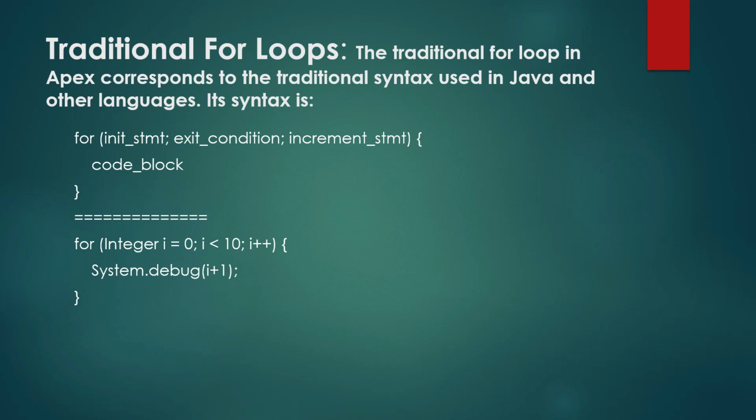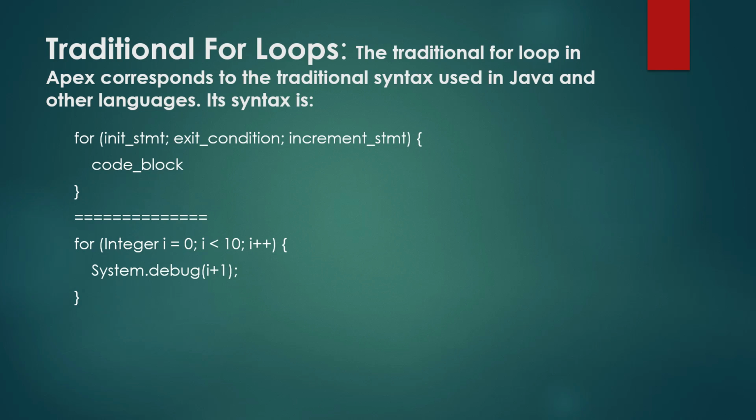So in the first statement, we are declaring the integer and also initializing its value to 0. The second is the condition where we are checking if i is less than 10, then it will go into the loop, system.debug, and what we are doing there is i plus 1.